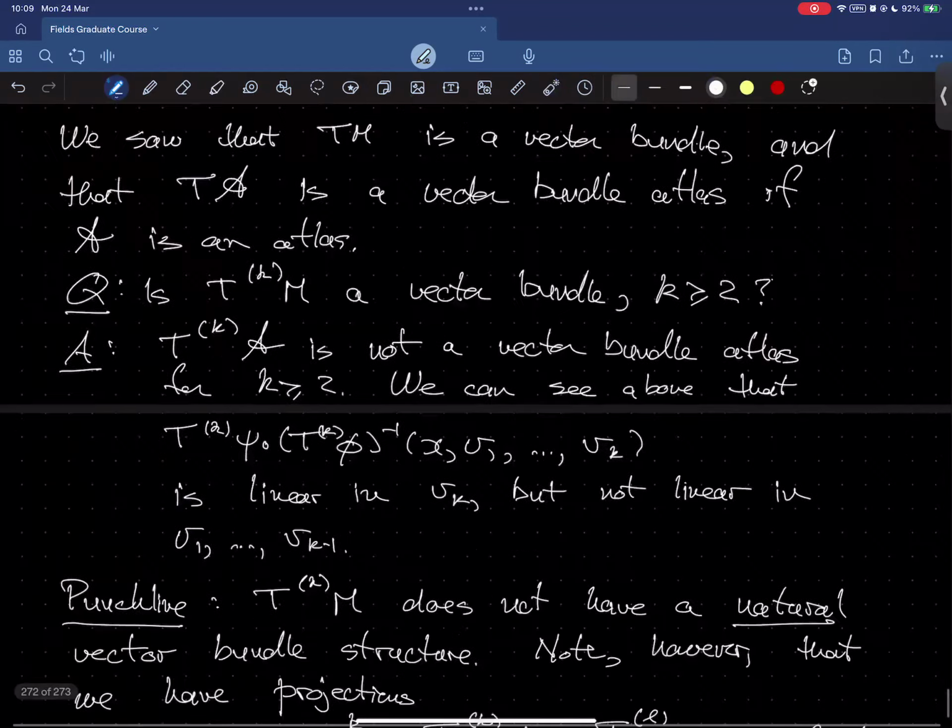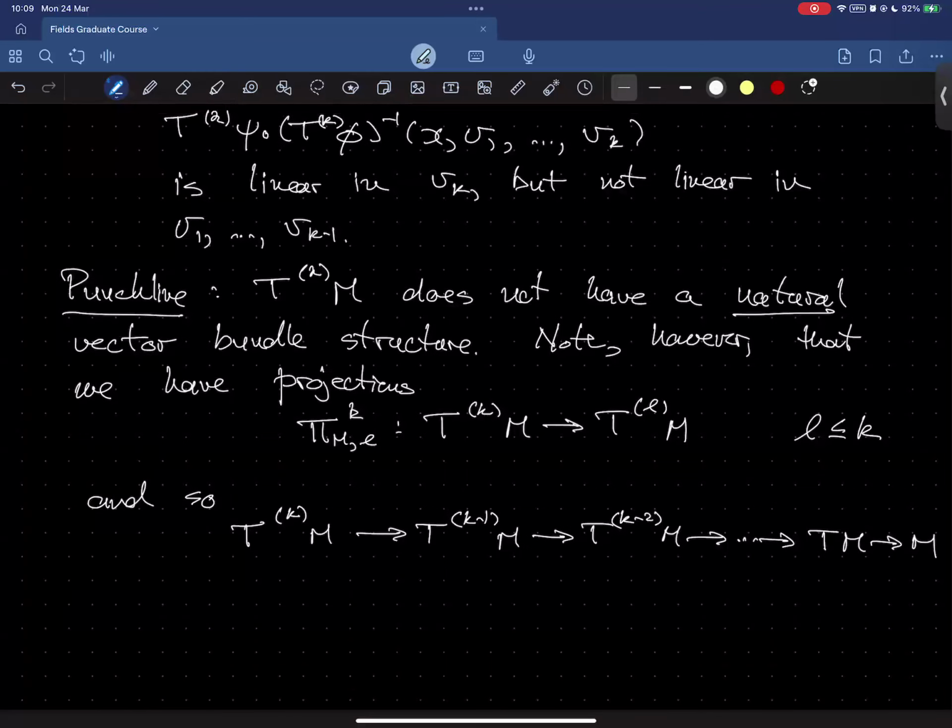And so that structure is T^k M over T^{k-1} M. So it's not a vector bundle, but it's what's called an affine bundle. If you are familiar with the term affine map, an affine map means a map which is linear plus constant.